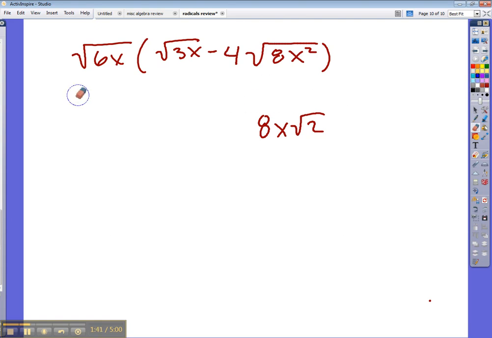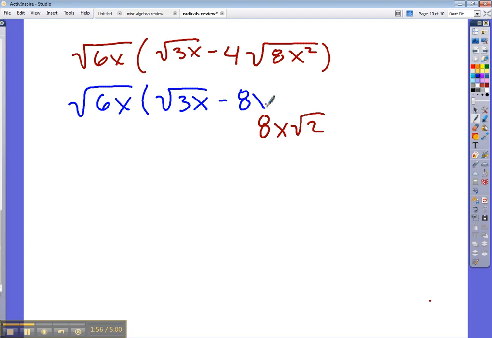So I have the square root of 6x times the square root of 3x minus, and now my equivalent term here, which is 8x times the square root of 2. And so now it's time to distribute the square root of 6x.